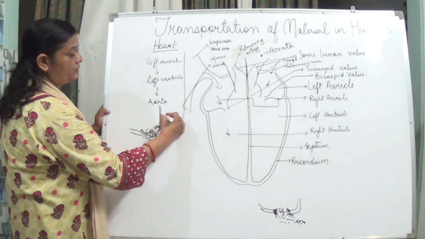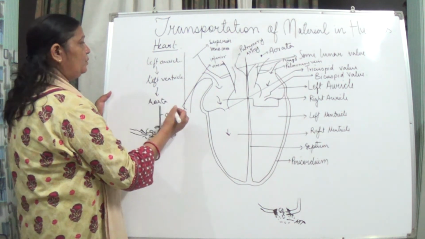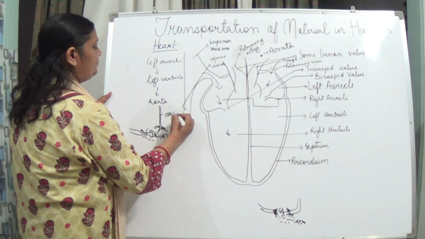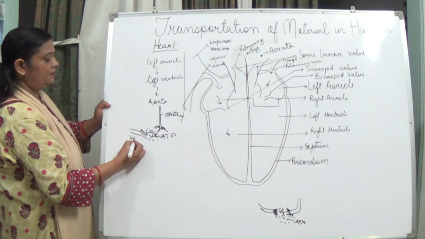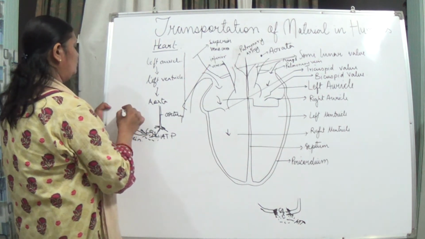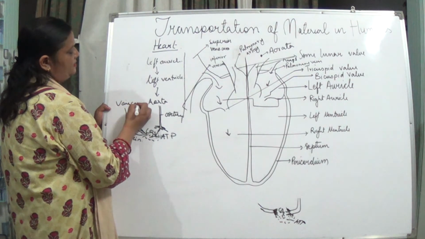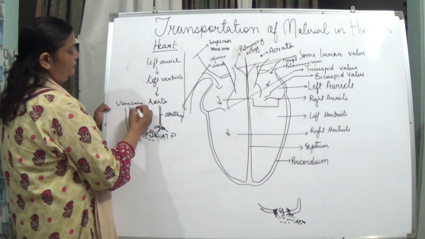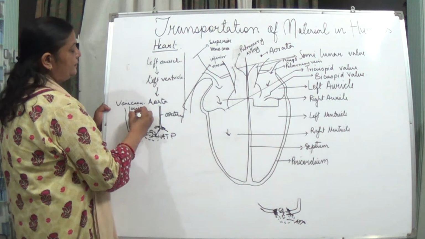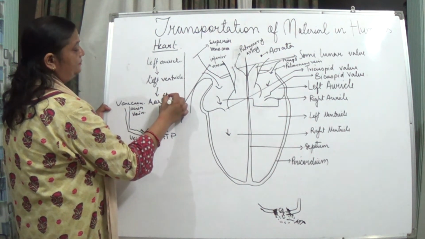Here it was what? Artery. Here it was artery. And here what is it? It is vein. And this goes and then it moves to where? The vena cava. This is the main vein, and this is the main artery.